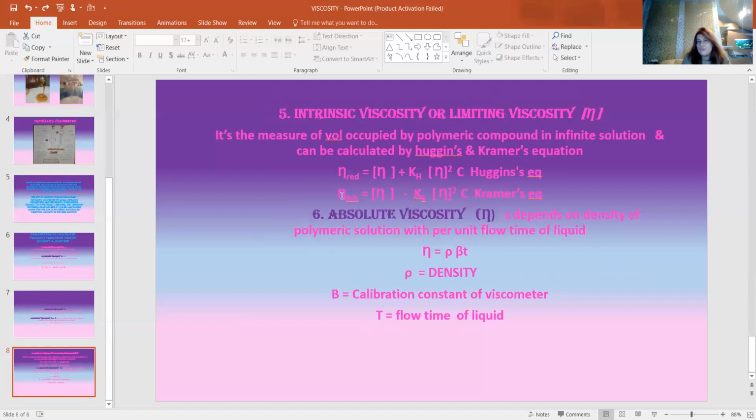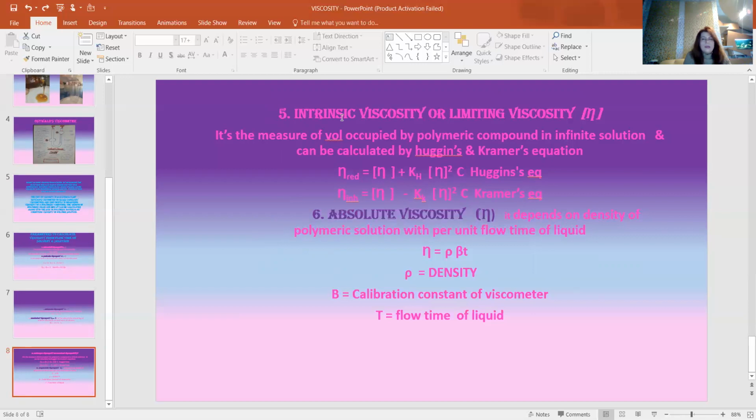This is Huggins equation, whereas Kramer's equation is eta inherent equals eta minus Kk, that is Kramer's constant, eta square C. Here that was Huggins constant Kh, and this is Kramer's constant Kk. I've written these, that is Huggins and Kramer's equations. Okay, so this was something about intrinsic viscosity.